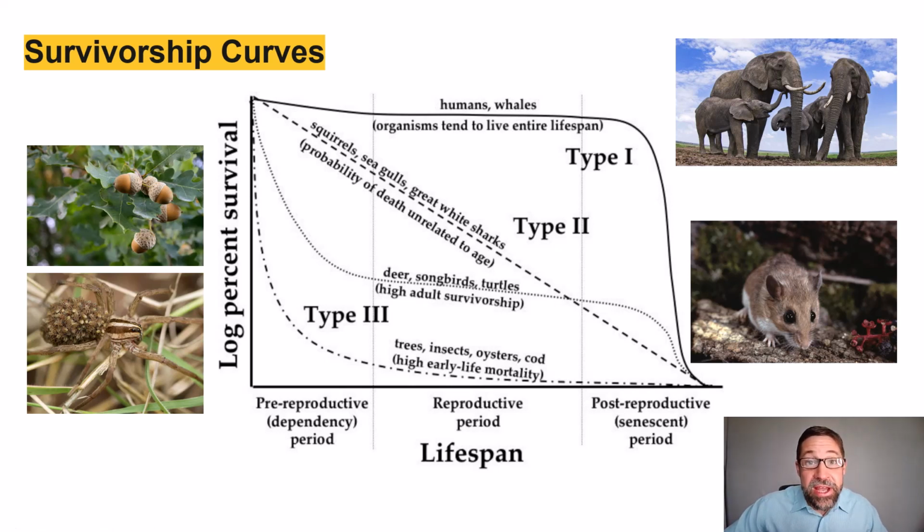So there's 3 types of survivorship curves. Type 1, right here, illustrates relatively high survival of young, high survival of reproductively aged adults, and then high survival of the senescent adults until you hit the end of the lifespan, and then mortality dramatically increases and log survivorship dramatically decreases.